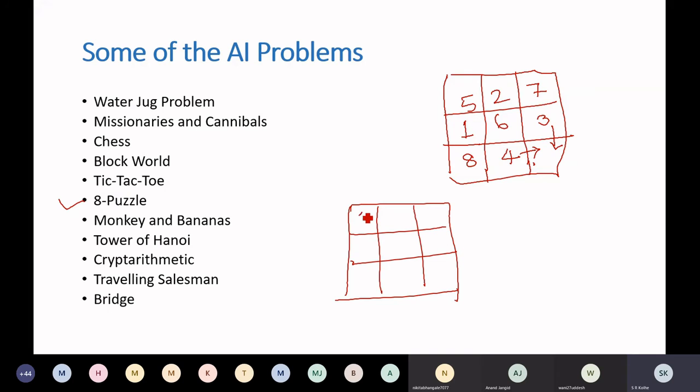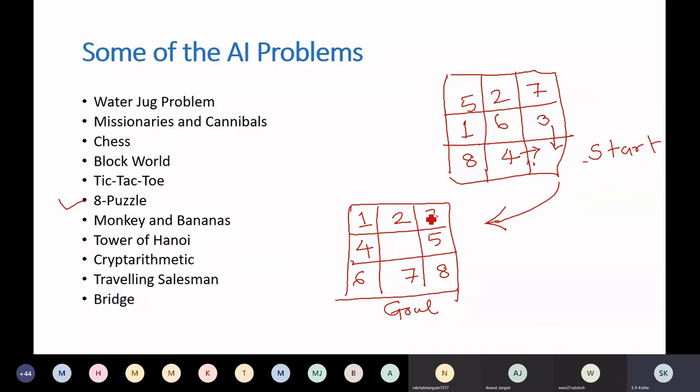For example, somebody may ask you to arrange them in this way: 4, 5, 6, 7 and 8. So this might be your goal state, and this is the start state. You will have to write a program and give the sequence of moves, how the tiles will be moved in such a way that you convert the start state into the goal state. Since there are 8 tiles, this is called the 8 puzzle problem.